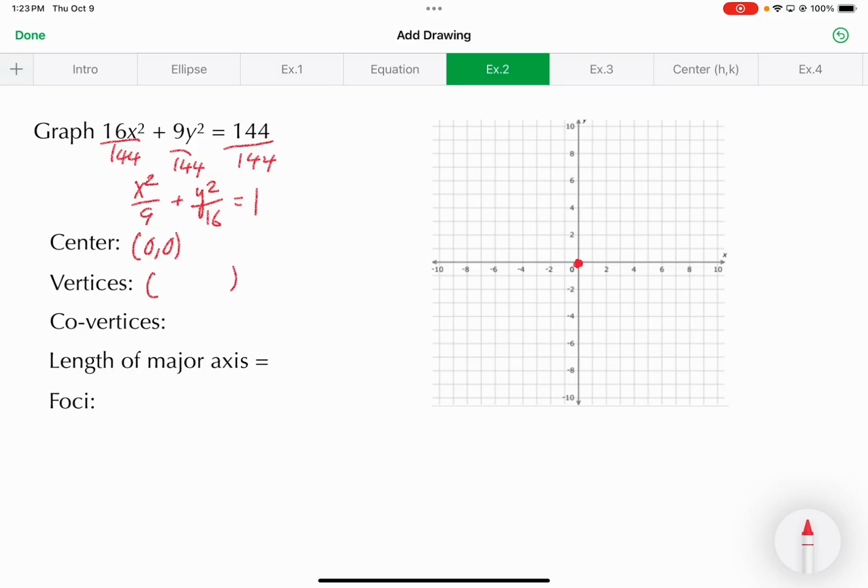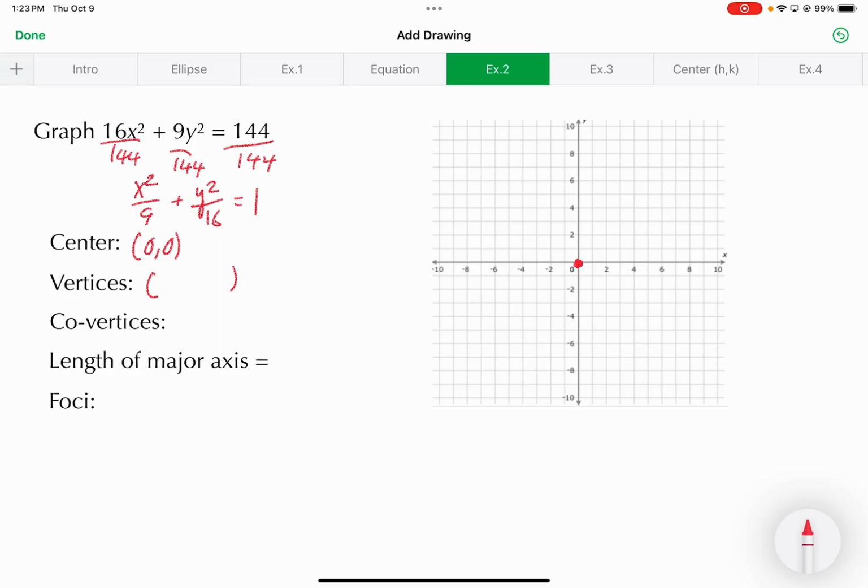All right, so I want to find my vertices. So I've got my major vertices and my co-vertices, right? I really just call them vertices and co-vertices. Are my vertices going to lie on my x-axis or my y-axis? Why? Because that's my major axis. So my vertices lie on my major axis, my co-vertices lie on my minor axis.